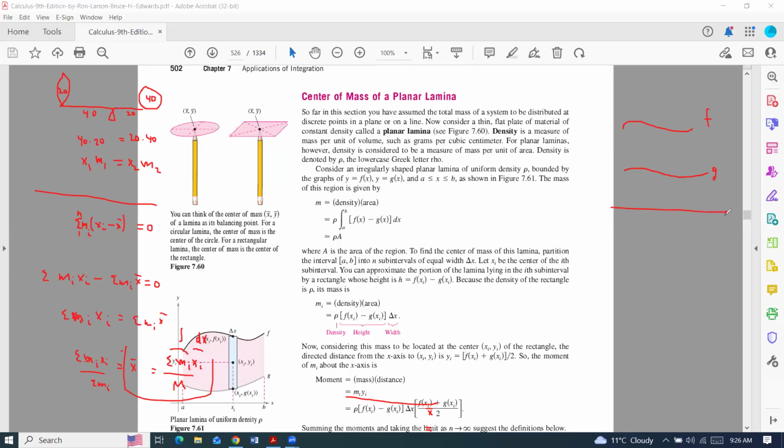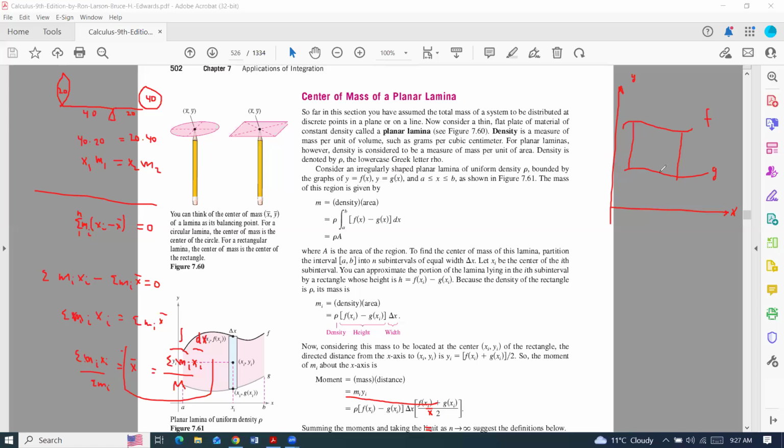So here's your x-axis, and of course the y-axis is perpendicular, right? They have a piece of uniform thickness. That's what they call lamina. So it's a plate, and thickness is uniform.